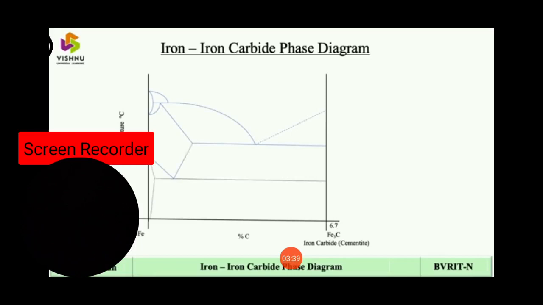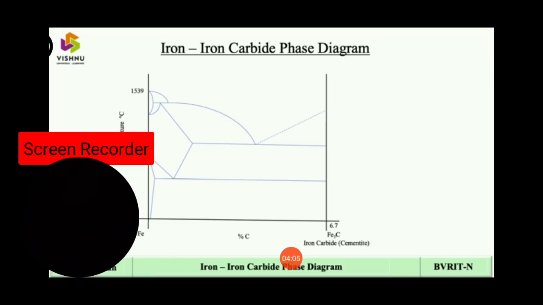Now this is the sequence of steps you need to remember in order to draw the iron carbide phase diagram. This is the only step that is to be remembered. When we discussed the pure iron temperatures, more or less the same temperatures will also follow in the iron carbide phase diagram.